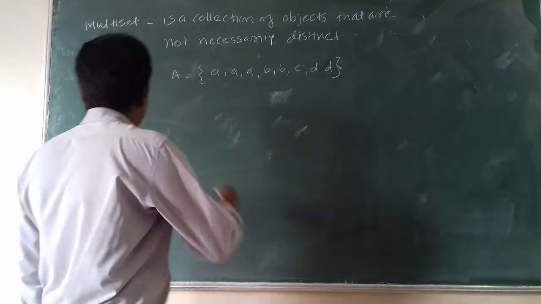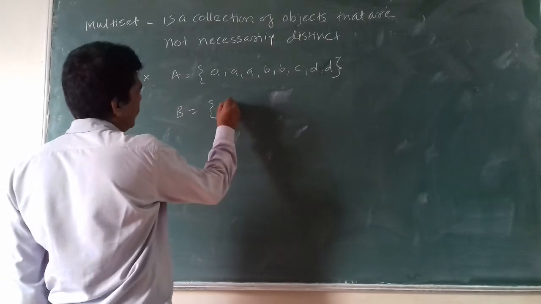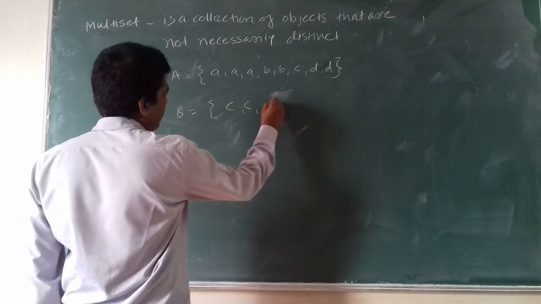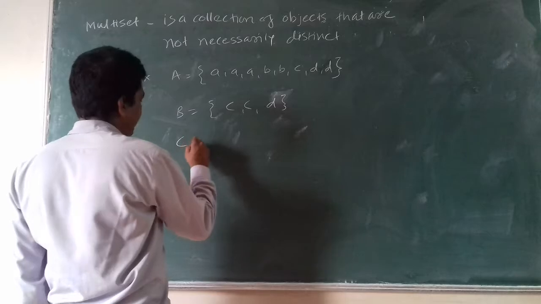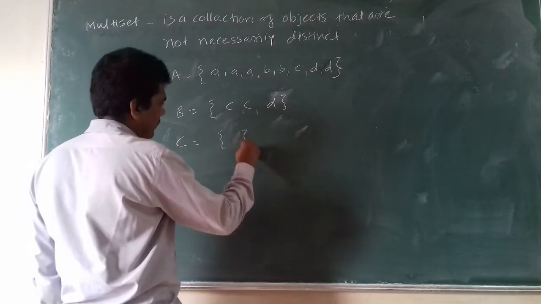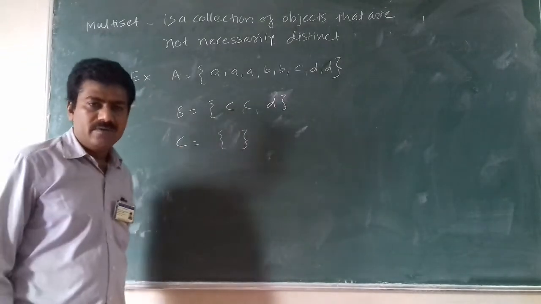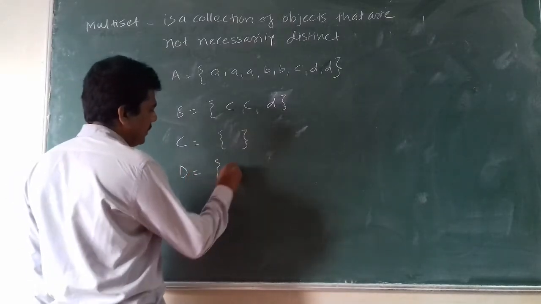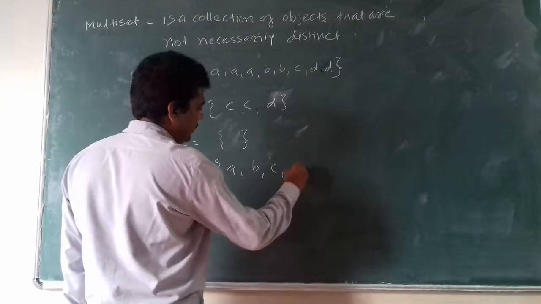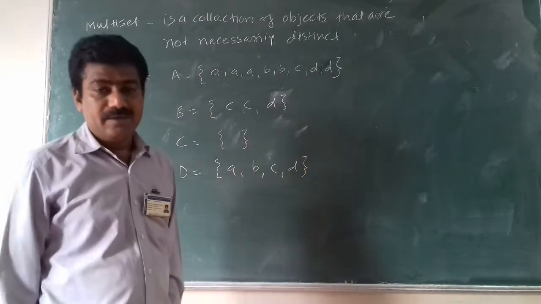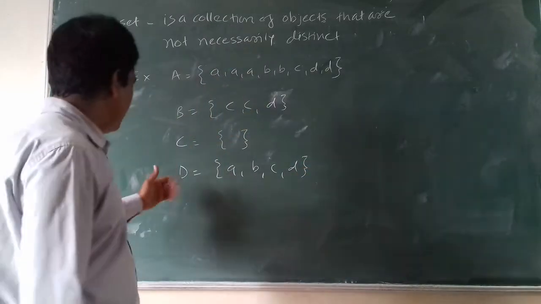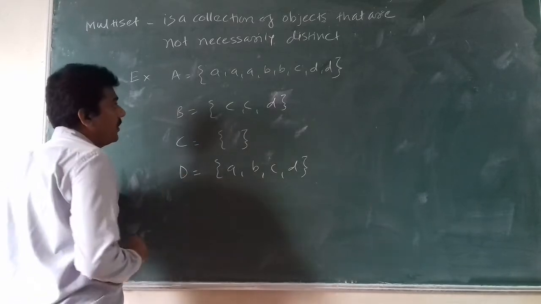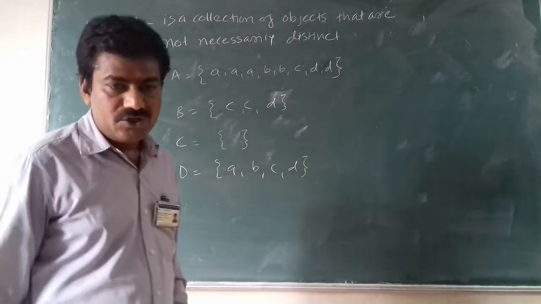Other examples can be C, D. Next, a set without any element is also the empty set. A, B, C, D is also a multiset. So a set as well as a multiset. This is the definition of multiset.